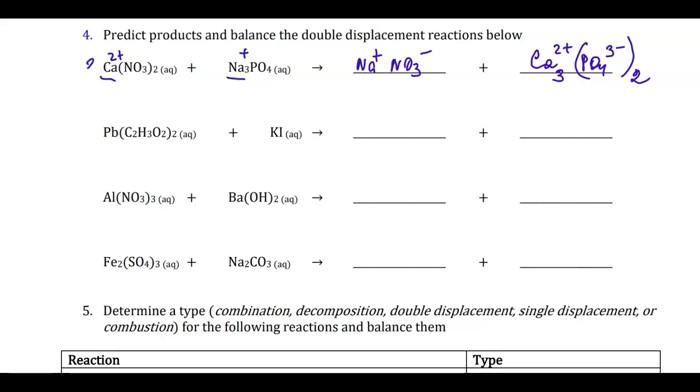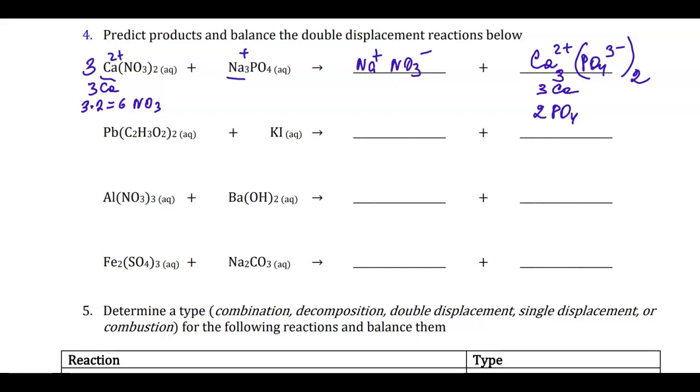So 3. That gives us 3 calcium here, and 3 times 2, 6 NO3 particles, right? Here 3 calcium, but 2 PO4 particles here, right?